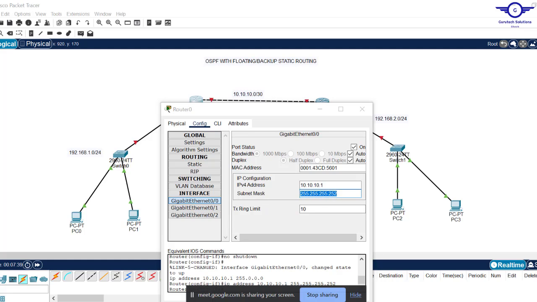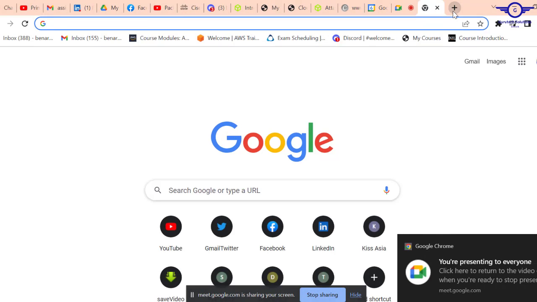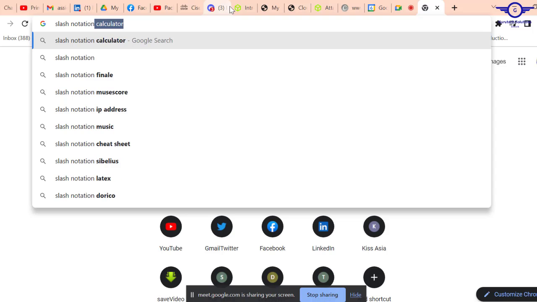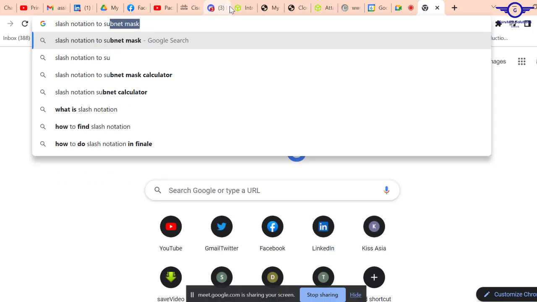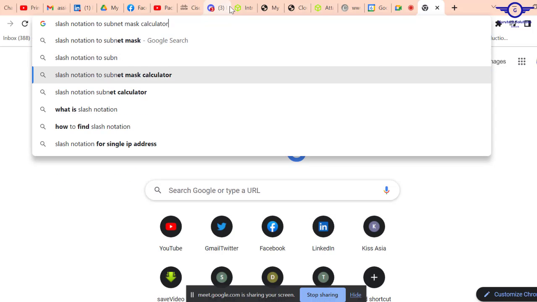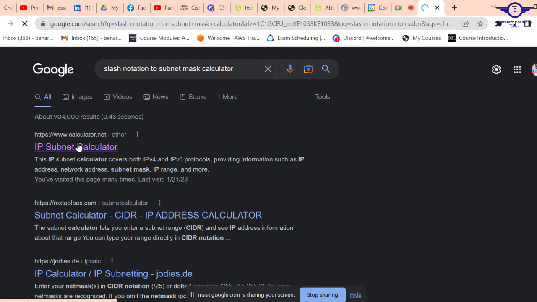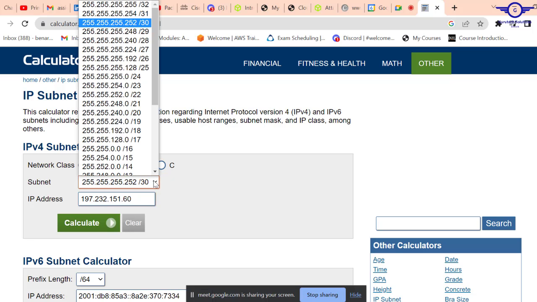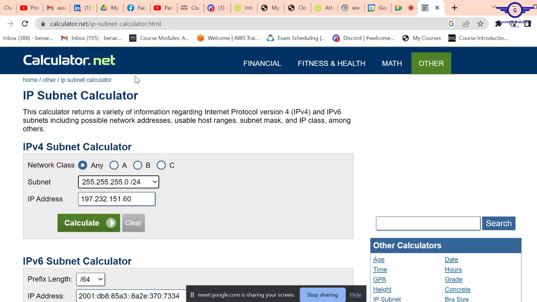So how do we convert the / notation to a subnet mask? For example, if you have /24 here, it's 255.255.255.0.